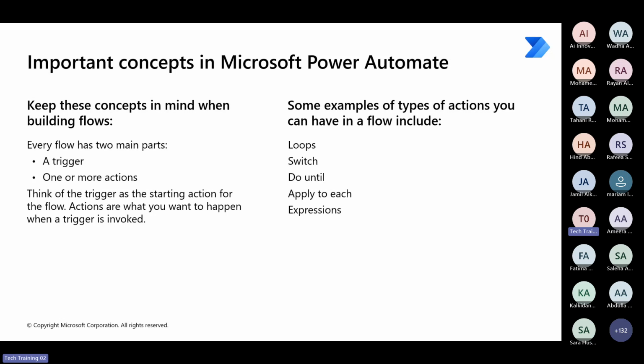So, an example of a type of action: loop. Loop until you finish the Excel file, like the mail merge, the Word document mail merge. Do you know the concept?